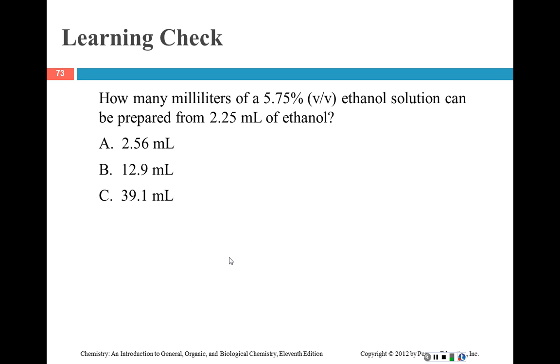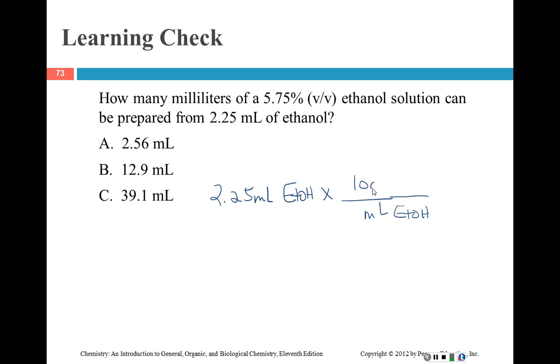How many milliliters of a 5.75% volume ethanol solution can be prepared from 2.25 milliliters of ethanol? You've got 2.25 milliliters of ethanol, and then what conversion factor does that give us? Well, you know you're going to have milliliters of ethanol on the bottom, so you're going to have solution up here, right?